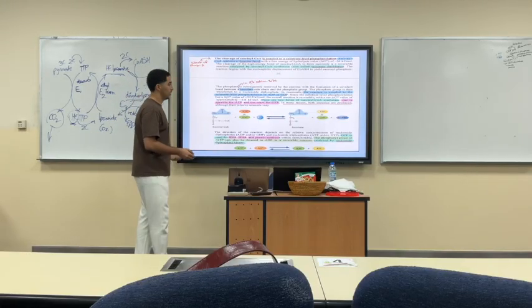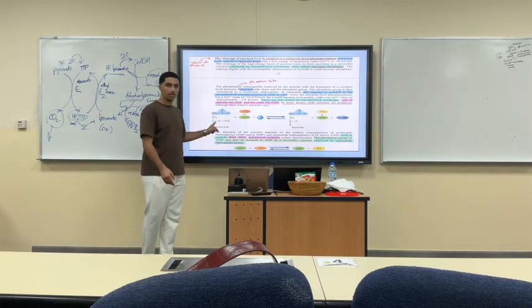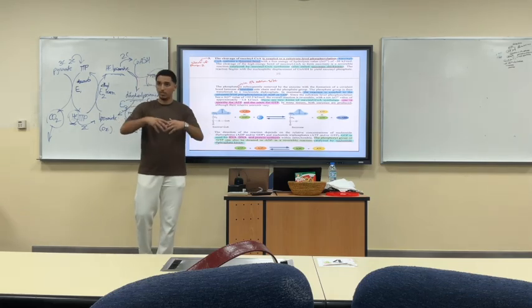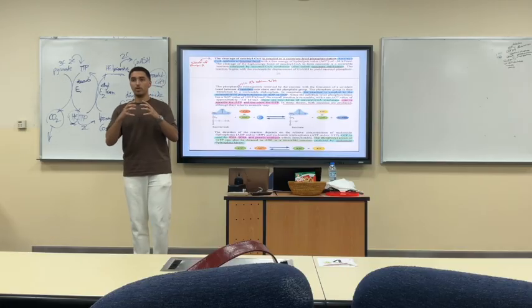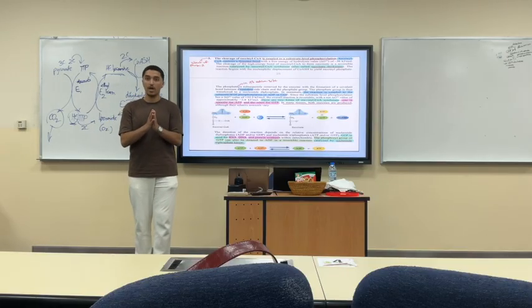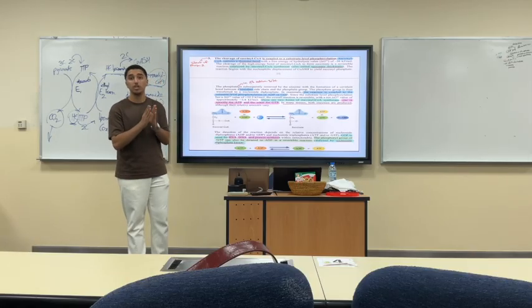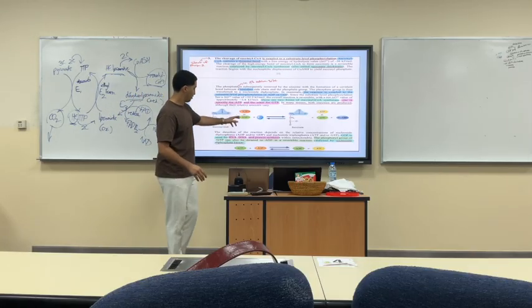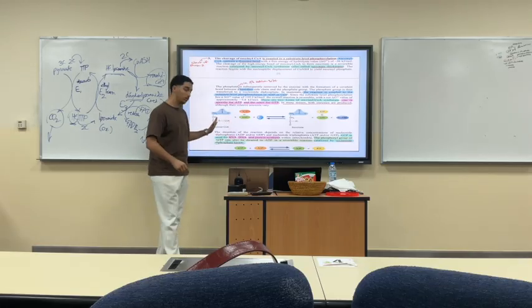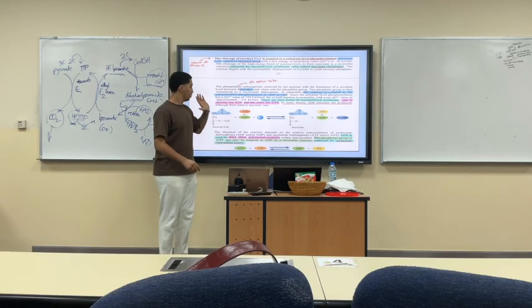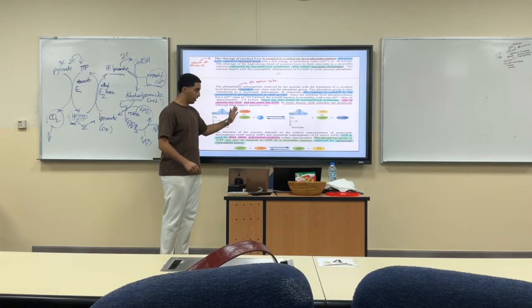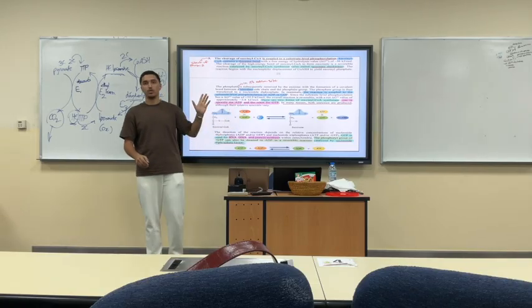So in the fifth reaction, as I said, we are going to break the thioester bond and release a high amount of energy. This energy, we're going to conserve it. How? We're going to put it in an energy molecule, which is GTP. We're going to use GDP or ADP, both are the same. Someone could ask what the difference is.